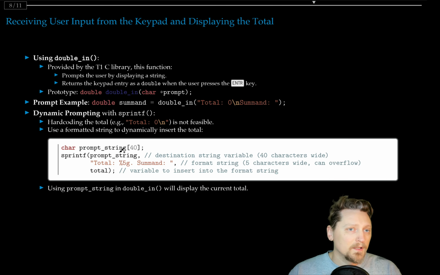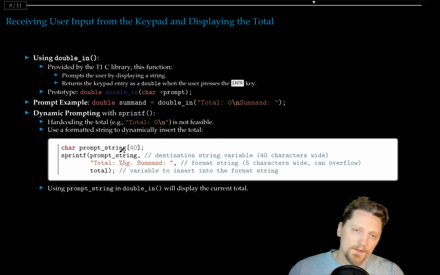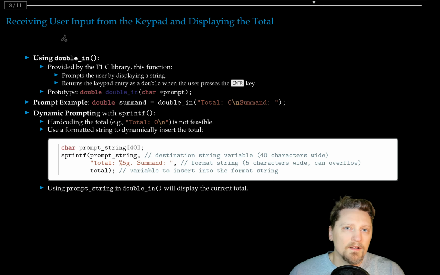Good. So now we need to go into a little bit more detail before we write the interactive add function about how to get user input from the keypad and how to display values on the LCD. So the double in function is going to be a key function for us, and we'll later write this function.